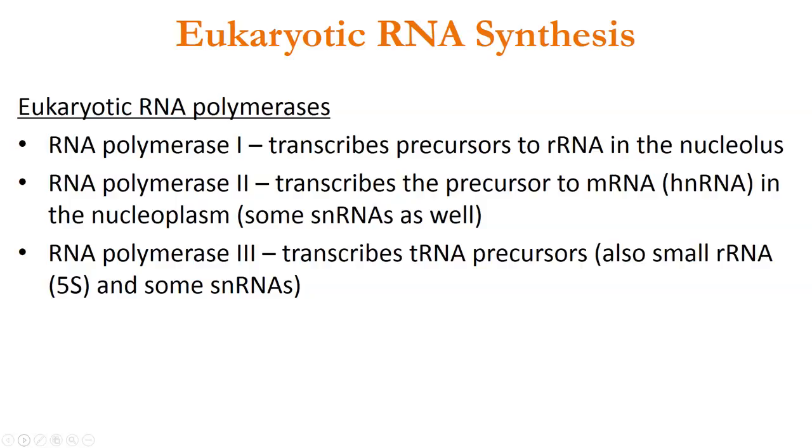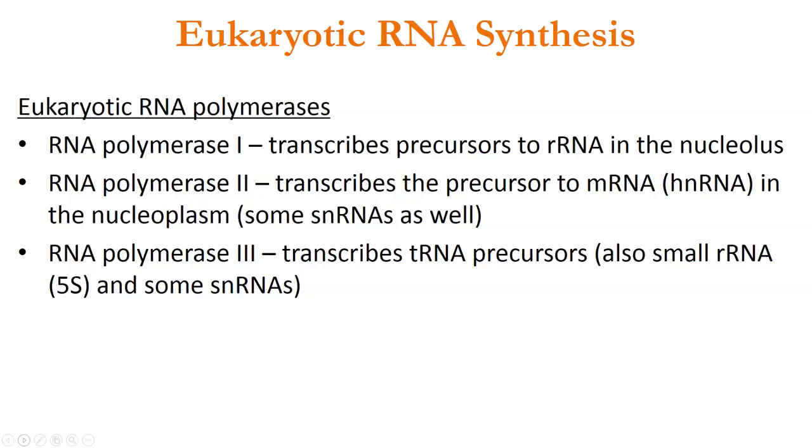So there are 3 eukaryotic RNA polymerases, and unfortunately, yes, you do need to know these 3. One warning I'll give you is, right now we're talking about eukaryotic RNA polymerases. Unfortunately, the names sound very similar to the prokaryotic DNA polymerases, but they have nothing to do with each other.